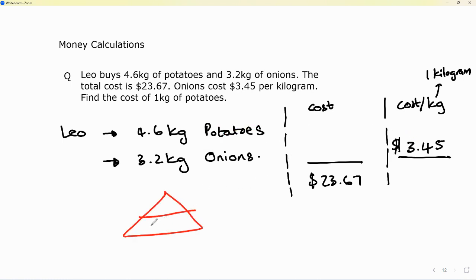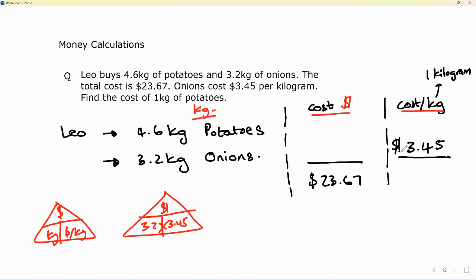Using that same triangle, I've got 3.2 kilograms and $3.45 per kilogram, so I multiply those two to get the dollar amount. This is the kg column, and this is the cost per kg column. So 3.45 times 3.2 comes to 11.04.